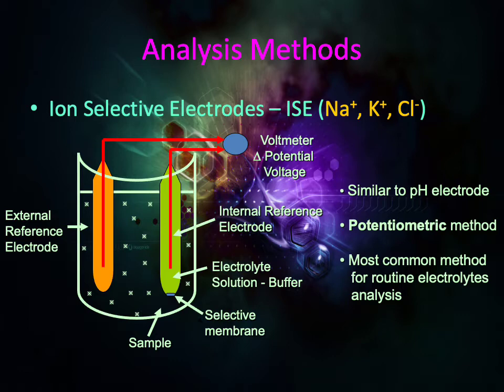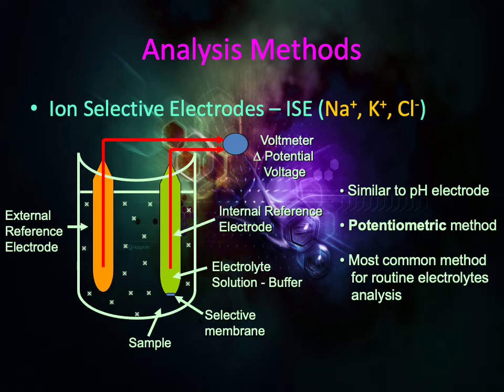The more electrolyte present in the sample, for example sodium, the more voltage is able to be conducted to the measuring electrode, which is green in the slide, by crossing the ion selective membrane covering the tip of the electrode. The difference in voltage measured between the standard solution containing a known amount of sodium and that of an unknown patient sample corresponds to the concentration of sodium in the patient sample.